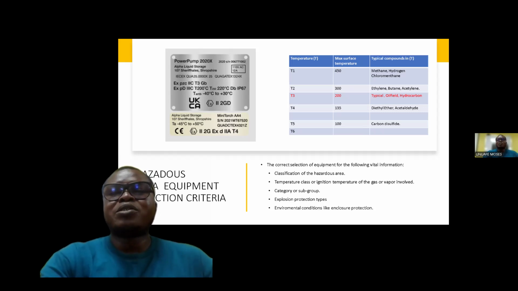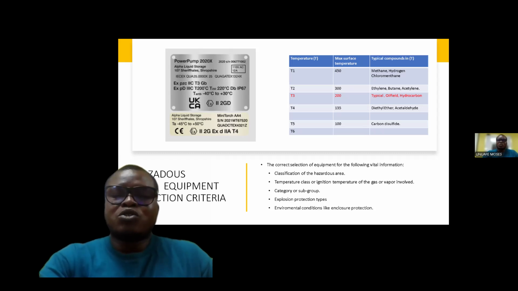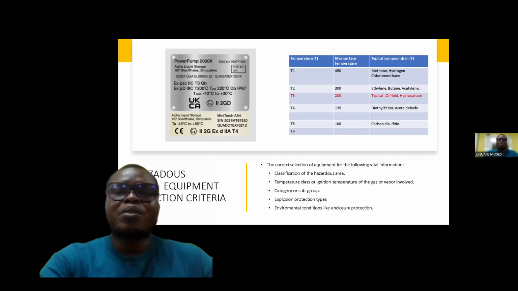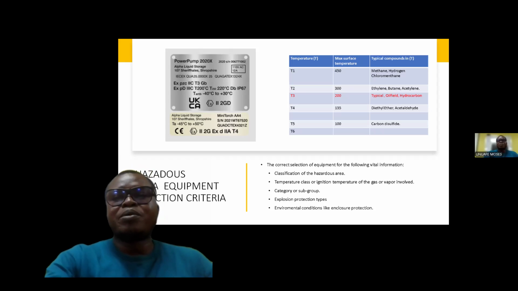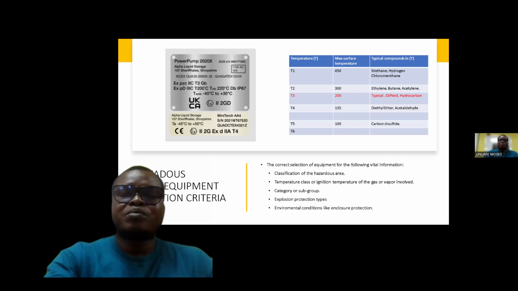Now, for temperature class and ignition temperature, there is a need for us to understand what ignition temperature and temperature class are. Ignition temperature is the lowest temperature at which a gas or vapor will spontaneously ignite without a spark or flame, which we have rightly said in the former video.